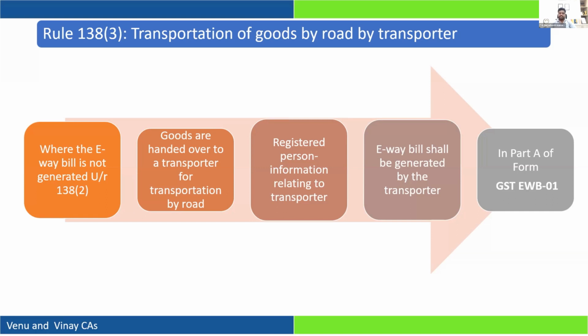In this case, e-way bill is required to be generated by the transporter. It has been endorsed to the transporter by the supplier or the recipient. In that case, e-way bill is required to be mandatorily generated by the transporter. So Part A will be filled by the person who is causing the movement of the goods, and the transporter will fill Part B and generate the e-way bill.